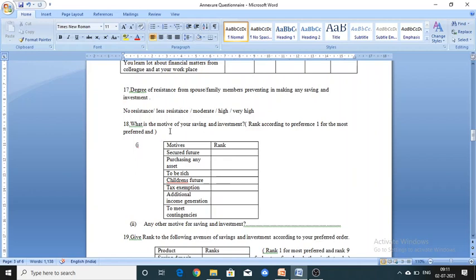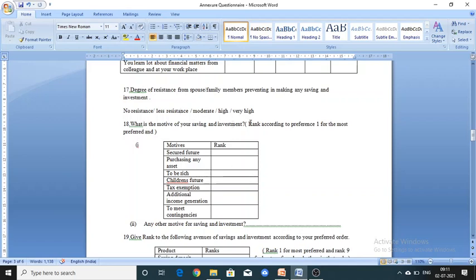Now see here, you may have understood what the motive of your saving and investment is. This is a double-barrel question, but here you notice the aspect that is going to be measured is motive. Now these motives, secured future, purchasing any asset, to be rich, children's future, tax exemption, additional income generation, may be related to either saving or investment or both, and therefore they are put together here.